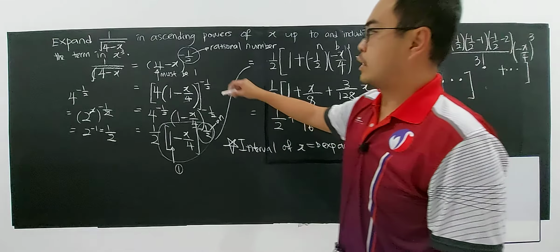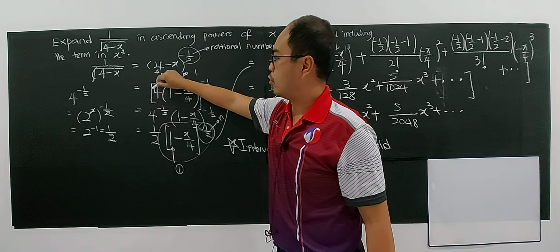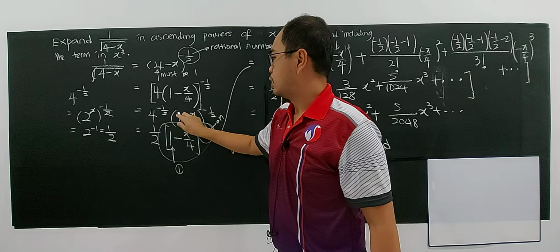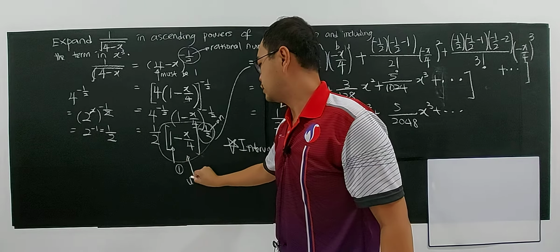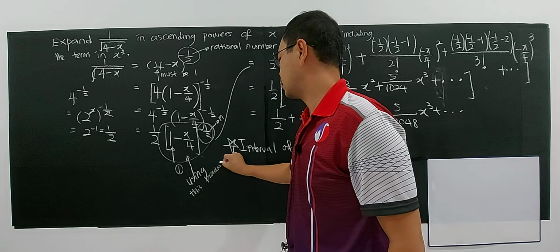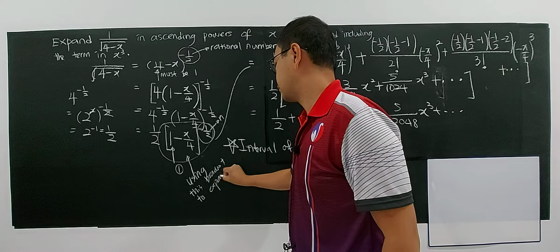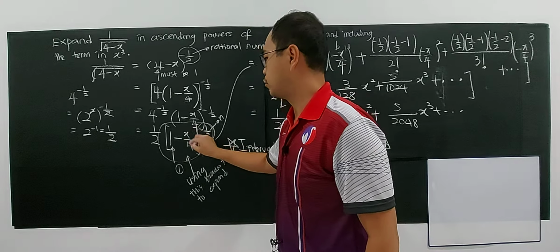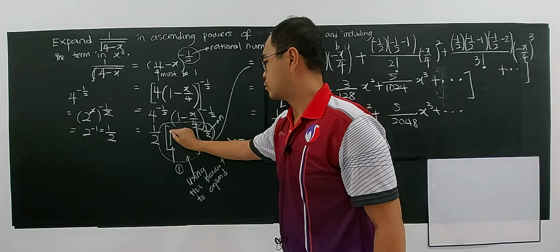From the expansion here you have 4. You are using this binomial term, 1 minus x over 4, to expand, which has 1 here.